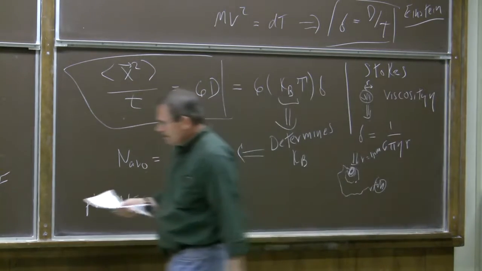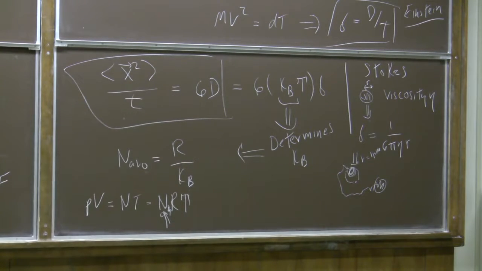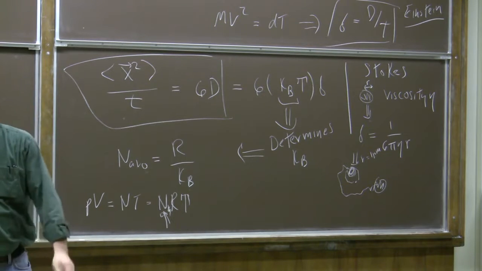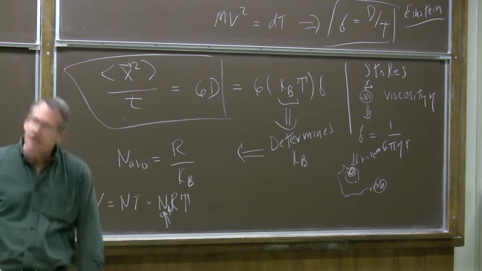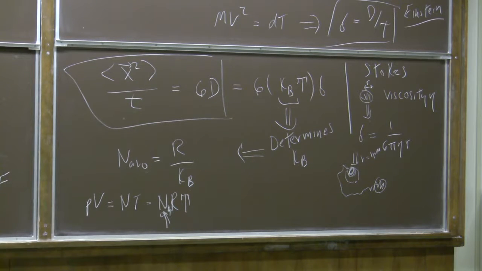But in this case, it seemed like that determination of Avogadro's number was especially compelling evidence for the reality of atoms, because Einstein understood that the interpretation was that the pollen grain was getting hit from all sides by all these molecular collisions, and that's why it was drifting around. It was a controversial subject in the early 20th century whether atoms were real.